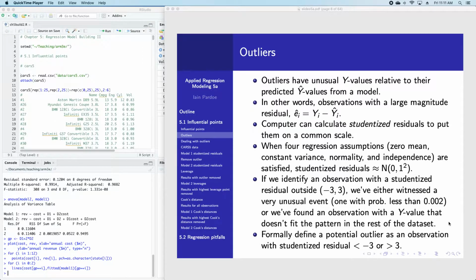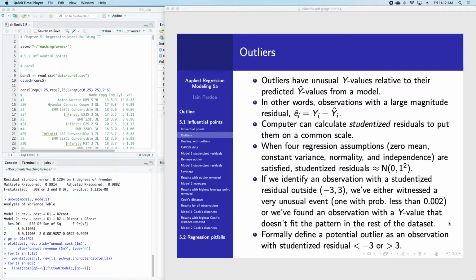What does a very large residual mean? Well, the residuals are measured in the same units as the response variable, and so it's difficult to say how large does a residual have to be before we have to start worrying about it being an outlier? And so we need to standardize those residuals somehow, so across different applications we have a common measurement scale.